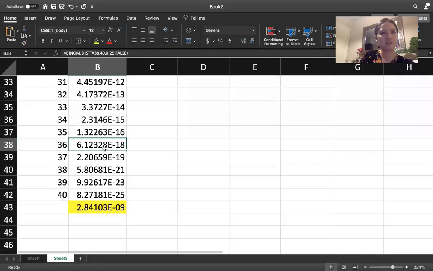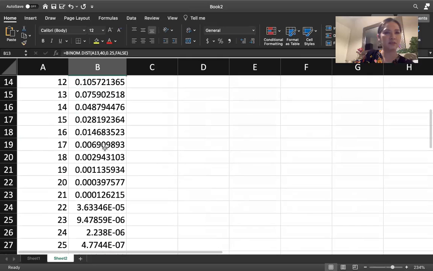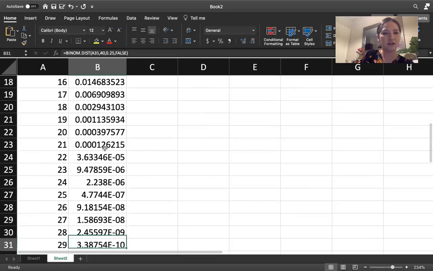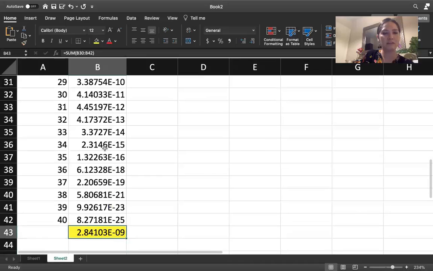Looks like I'm getting a different number this time than I got last time. Let me make sure I'm doing this correctly. So that's got a 2 in it. That's got a 7. Yep, this is right. I think my slides are just wrong. I think I may have used the wrong probability of success in one trial.